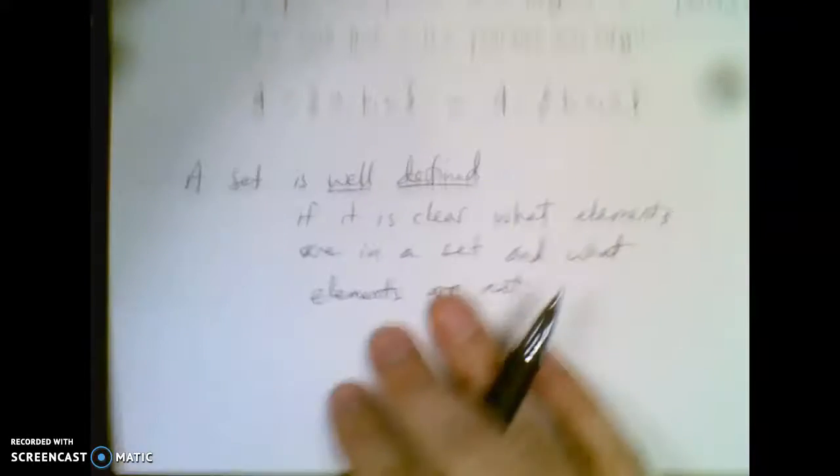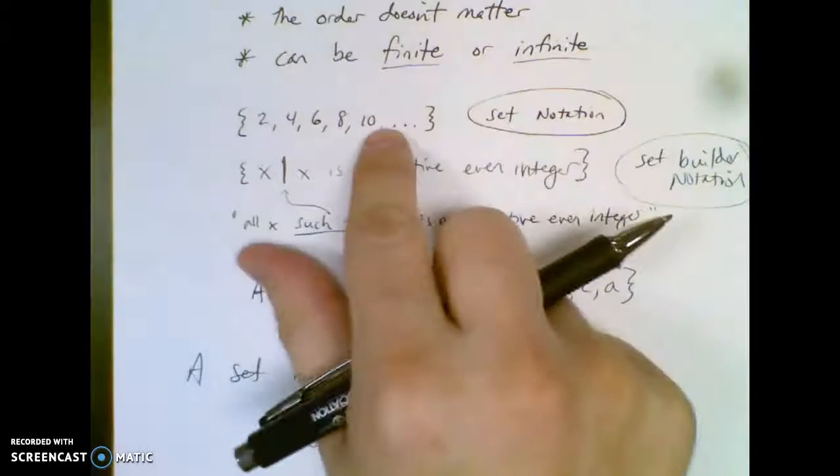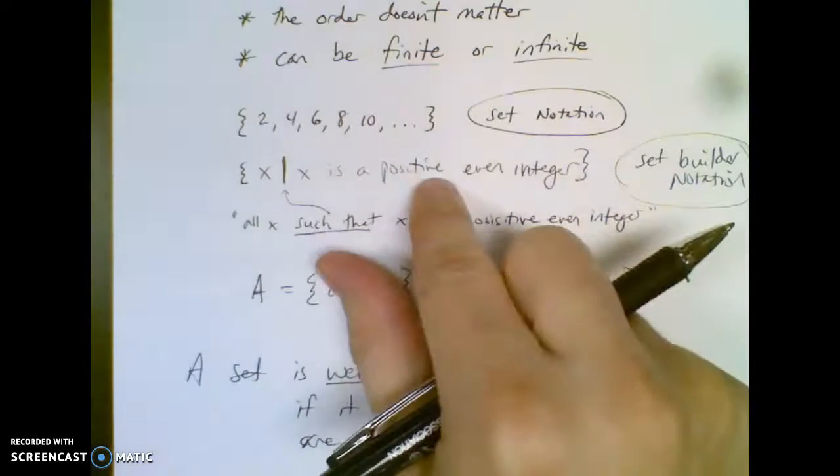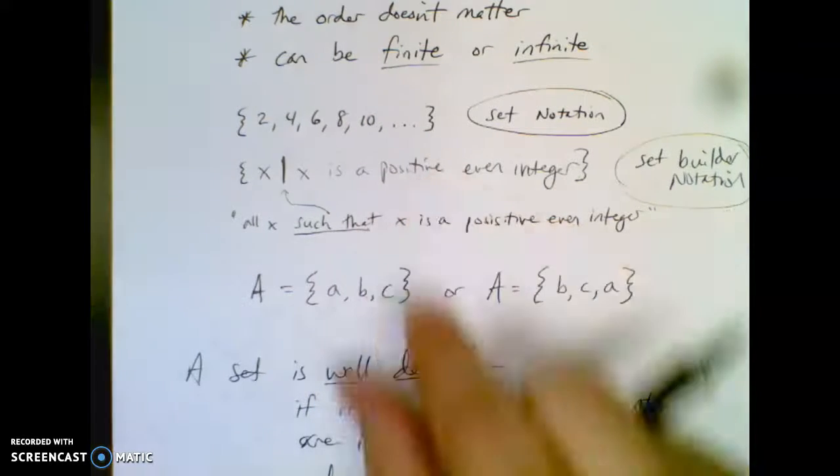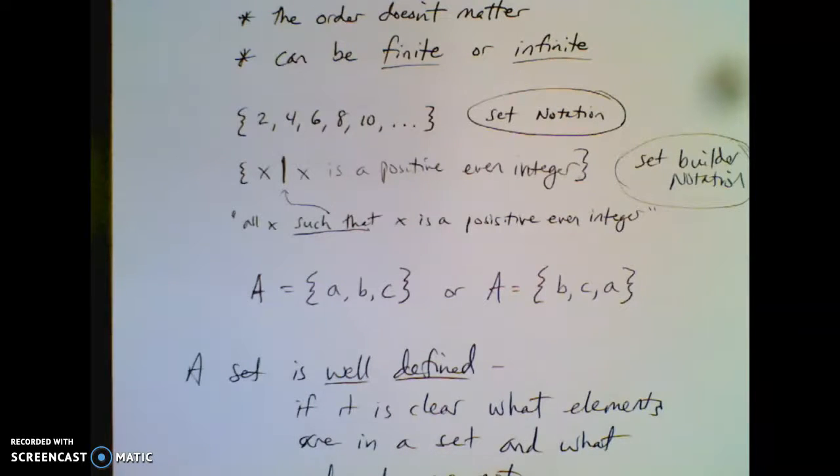Like with this even ones, if I said positive even integers, and you don't know what an even is, I guess that makes it hard to be well defined. But I think if most people can figure out what's in a set and what's not, then that's the way to be.